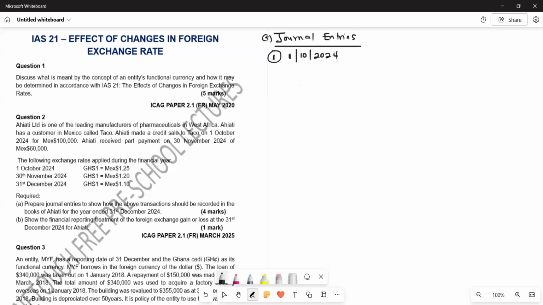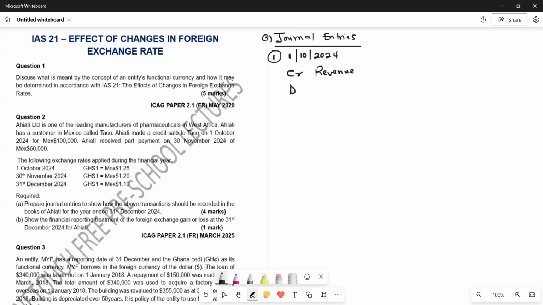Yes. They should have stated it in a question, but at least you should know. They said he has a customer in Mexico. So it's a customer that is paying in Mexican dollars. Yes. So if Ahiati sells goods on credit, then Ahiati will credit revenue, true or false? True.